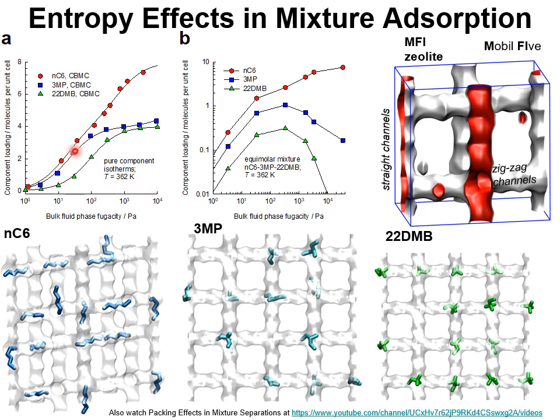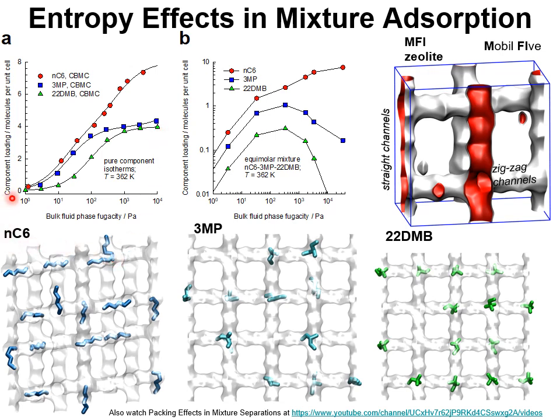These are the configuration bias Monte Carlo simulations for the unary isotherms. The red circles are for normal hexane, the blue squares are for 3-methylpentane, and the green triangles are for 2,2-dimethylbutane.